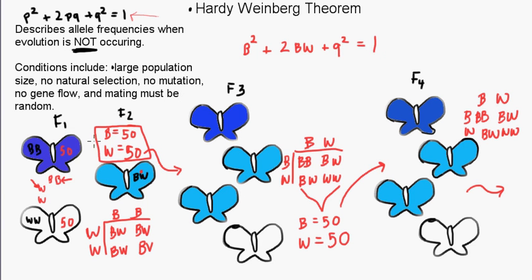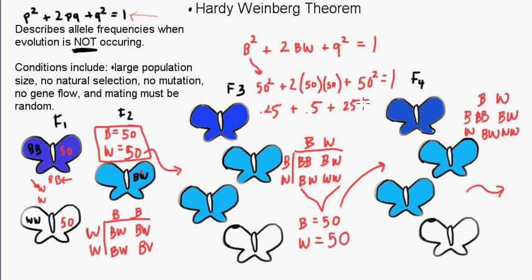The initial frequency of alleles in the F1 generation was 50%, so this ends up being 50% squared plus 2 times 50% times 50% white plus 50% squared equals 1. So this would be 0.25, and this would be 0.5, and this would be 0.25, equals 1.